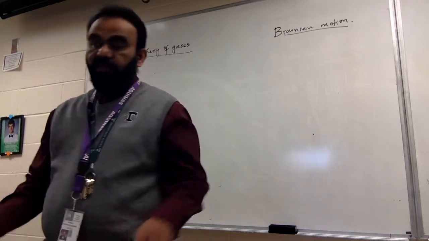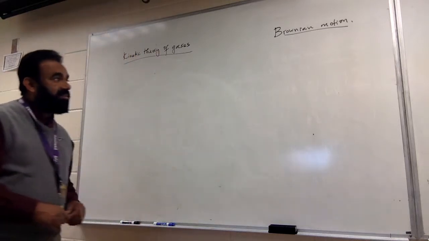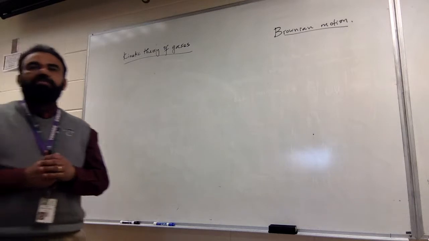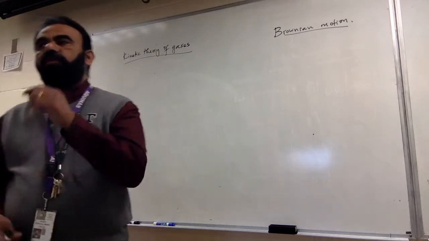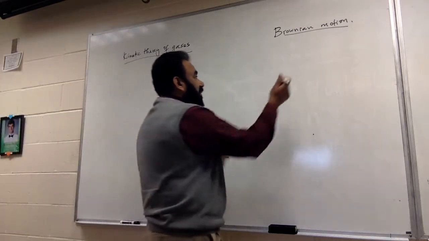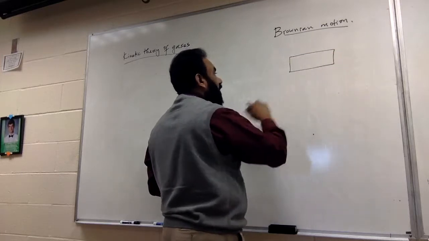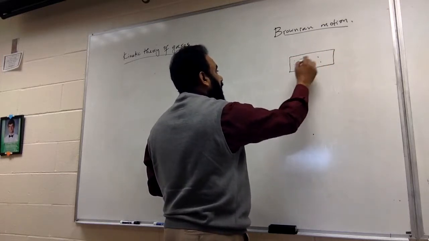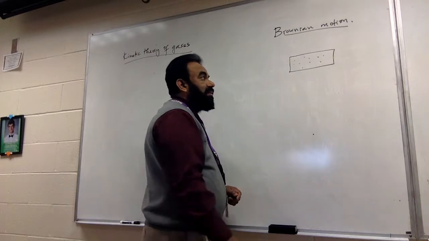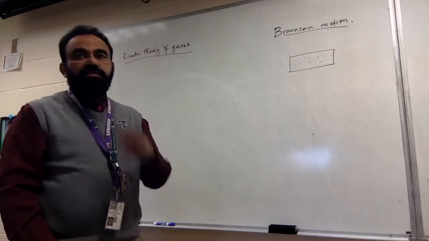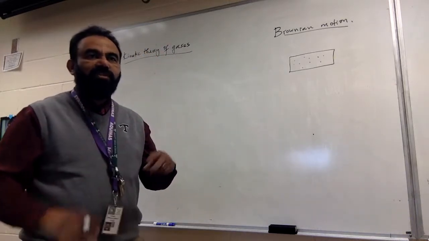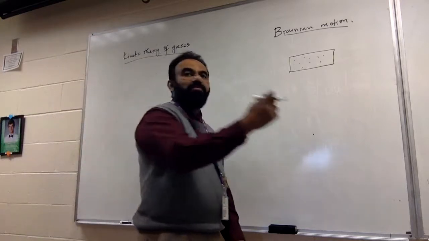And now we'll look into the kinetic theory of gases. And I just started talking about Brownian motion. So what did Brown observe? He had a smoke cell. The smoke cell, basically, there are smoke particles in it. Just smoke, and then push the smoke into that smoke cell, and that's it. You have smoke.